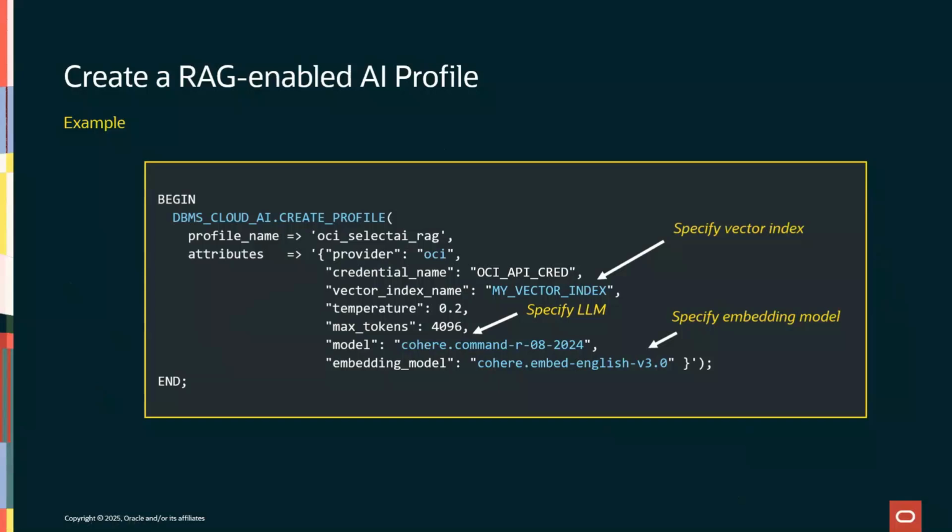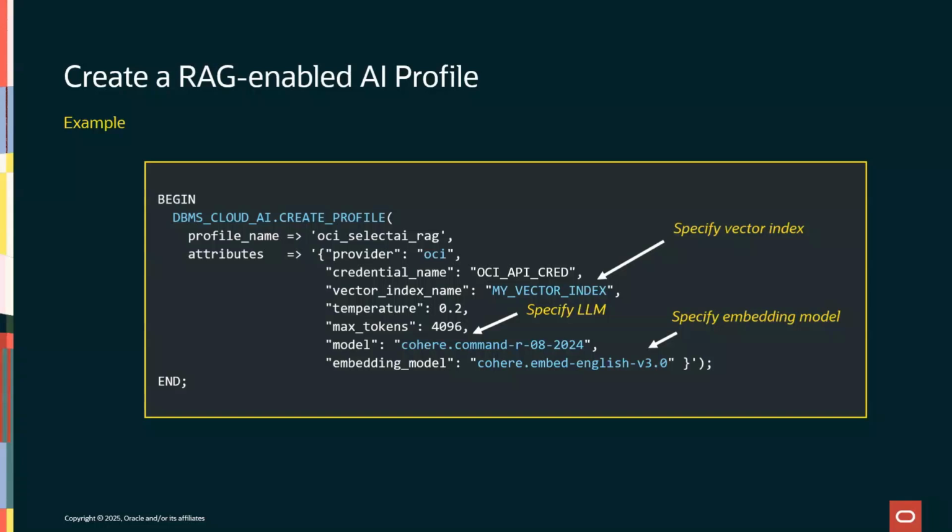You can have different providers along with OCI; you can use Cohere, Meta Llama, and other third-party providers. But this example is leveraging the OCI Gen AI service, so our provider is OCI. There's a credential that allows the profile to access the OCI Gen AI services, and then there's a vector index name.